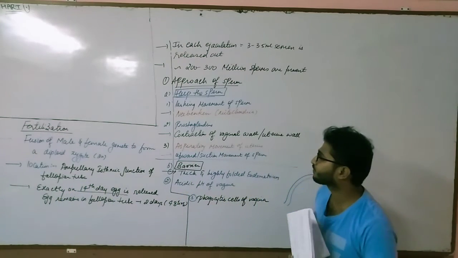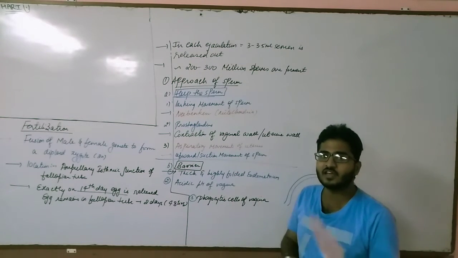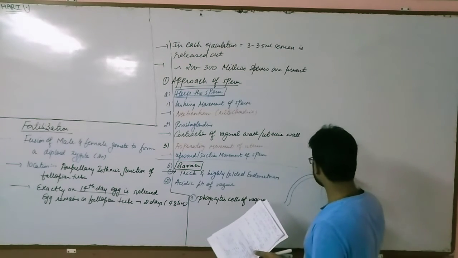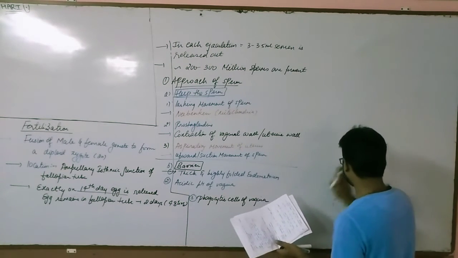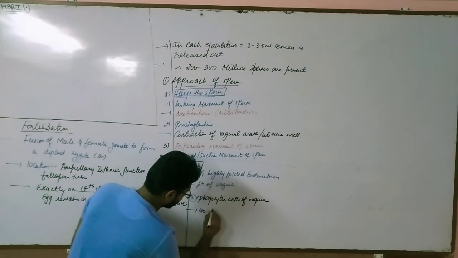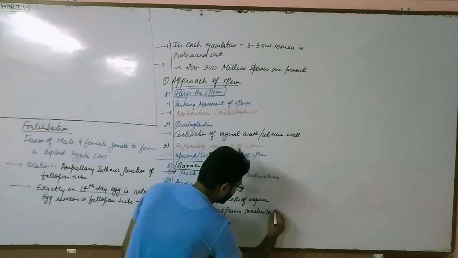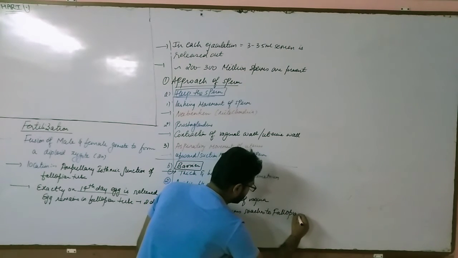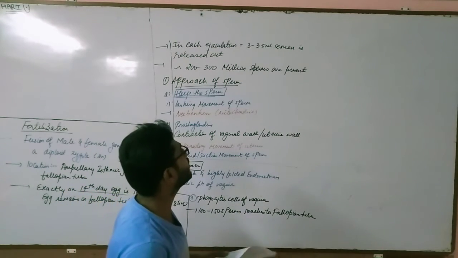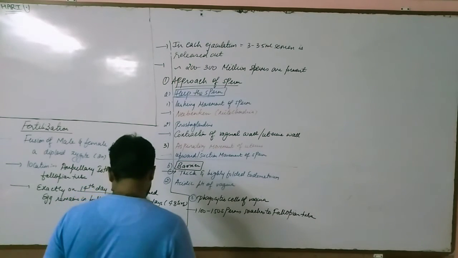Now with the help of these helping structures as well as barriers, approximately 100 to 150 sperms reach the fallopian tubes, right? And sperm move at a rate of 1 to 4 mm per minute, right?